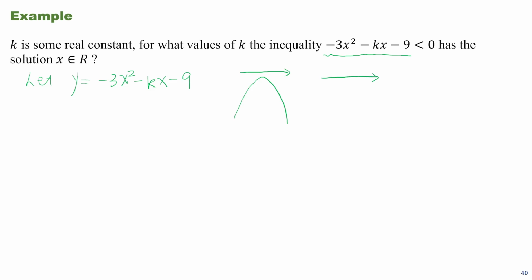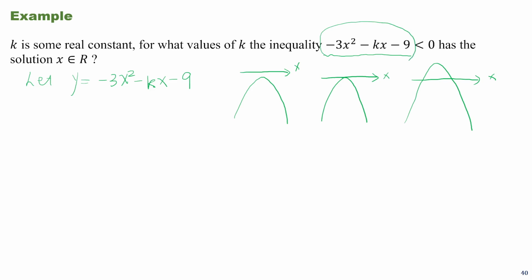Like this. It will touch the x-axis just once. Or it could also have 2 different x-intercepts, right? These are the only 3 possibilities. So the question says, no matter what x is, this function is always less than 0, right?